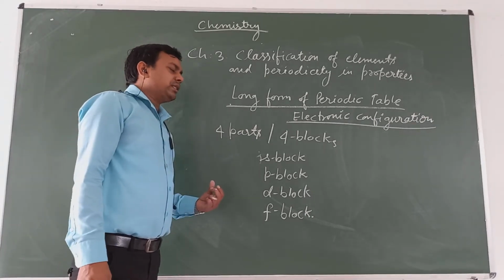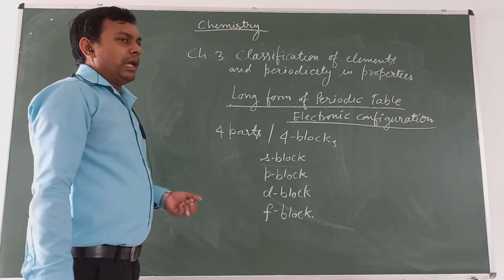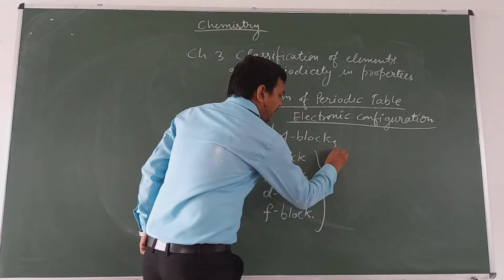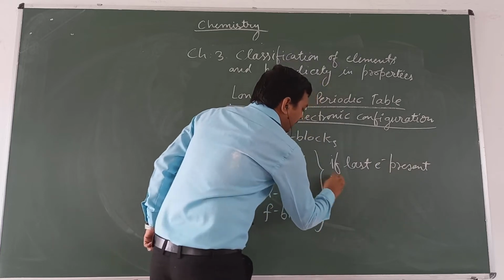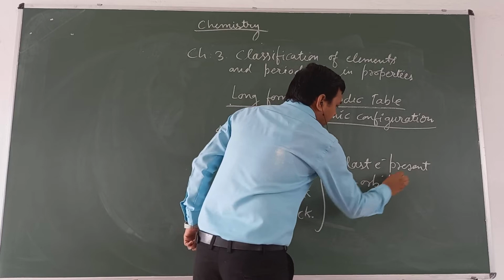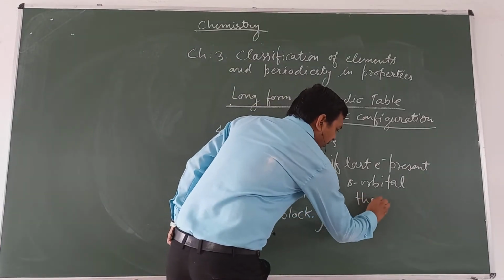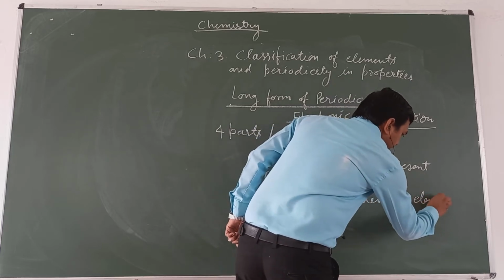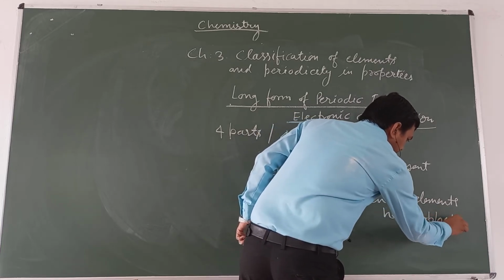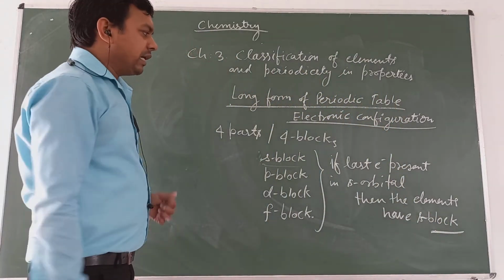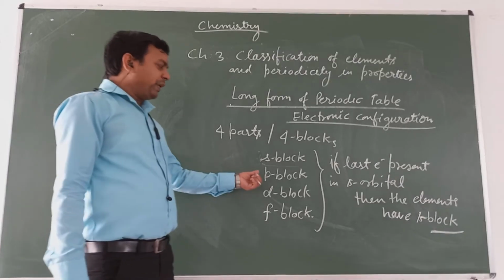Students, do you know which elements are s block elements? If the last electron is present in the s orbital, then the element is an s block element. If the last electron is present in the p orbital, such an element is a p block element. If the last electron is present in the d orbital, such an element is a d block element.